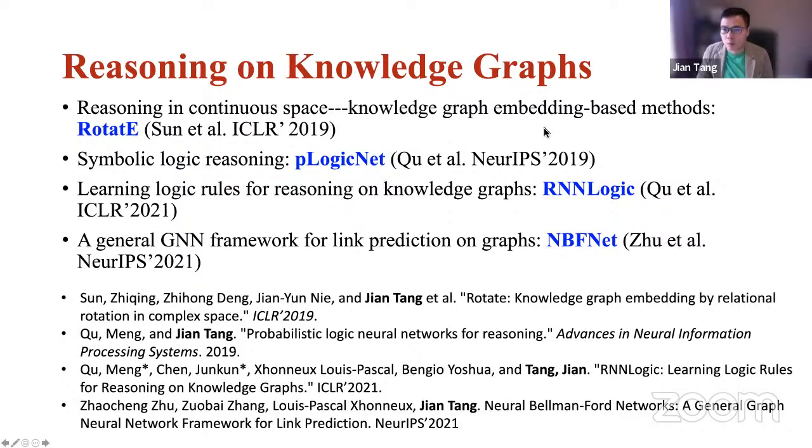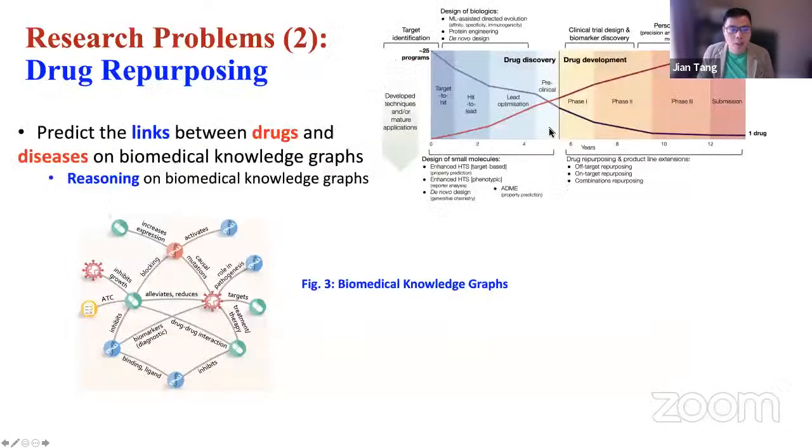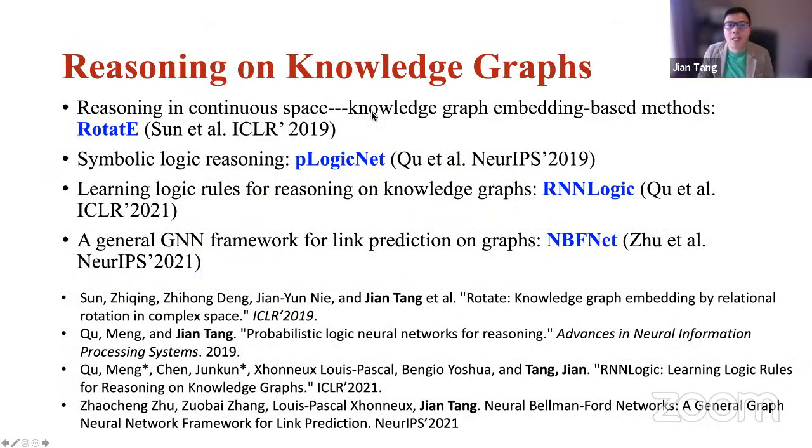Basically, we map each entity and each relation to a vector in a continuous space, and then we can measure the similarities between the drugs and the disease based on their vectors, for example by calculating cosine similarity, so that we can do link prediction. This is the first type of approach we have.